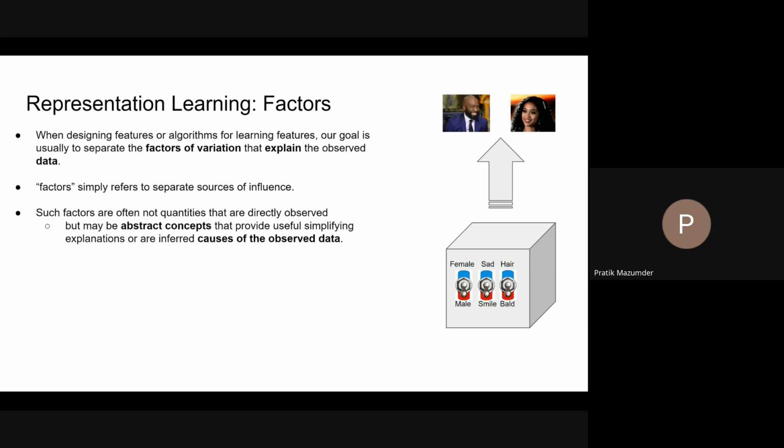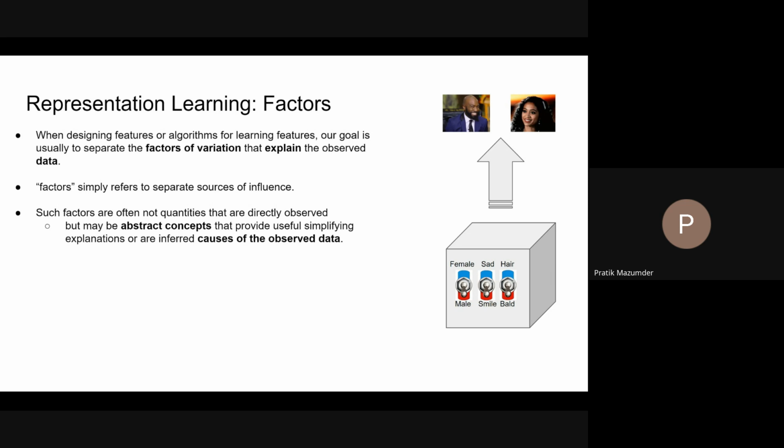But when I say this person is sitting on a bench at a beach, if the computer does not see a sea or beach side sand, it's very difficult for the computer to know whether that person is actually sitting on a beach or not. So there are some concepts which are much more abstract and cannot be directly abstracted just by looking at an image. These abstract concepts are factors of variation which we ideally want to learn.